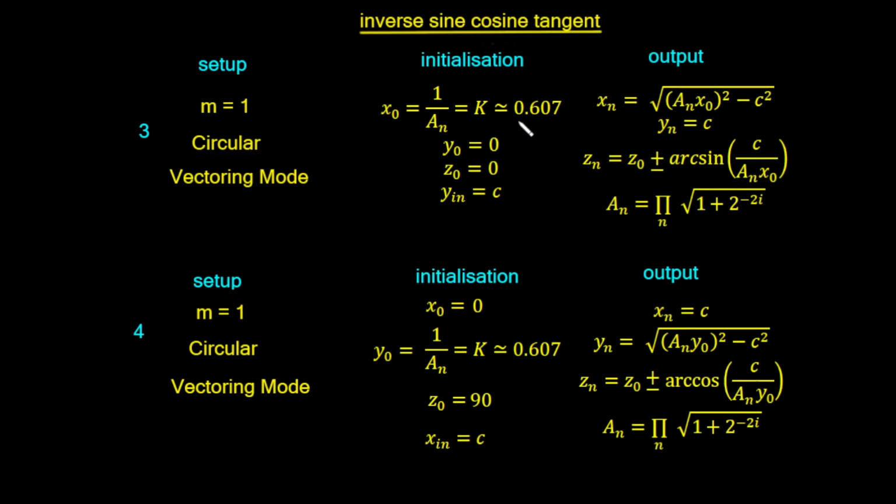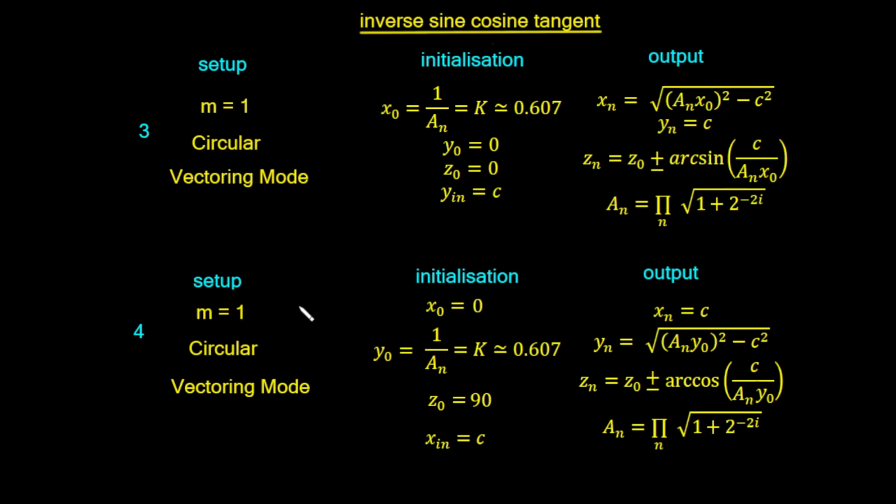We have x0 is equal to 0.607, y0 is 0, z0 is 0, and we have this extra factor yn is equal to some value c. Now it's going to give us the final output, which is going to be our arc sine of c upon x0. So this is going to give us our arc sine function.